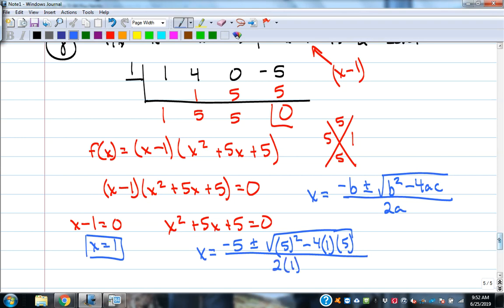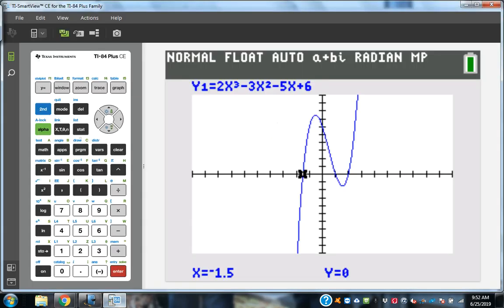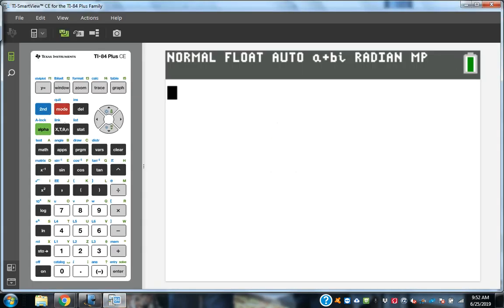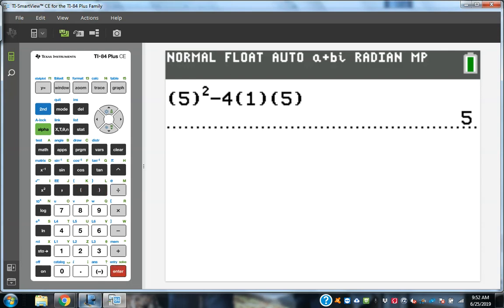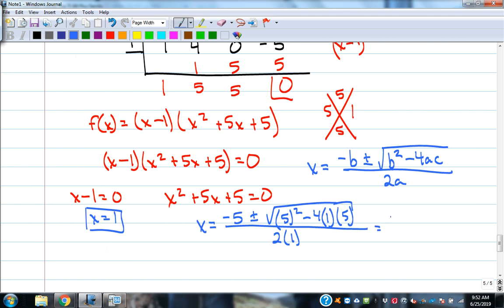Okay. So I'm going to get a little help here with the calculator. Parentheses 5 squared minus 4 times 1 times 5. Let's see. So I get a 5 underneath the square root. So negative 5 plus or minus the square root of 5 over 2.